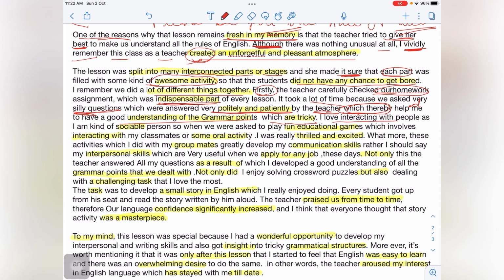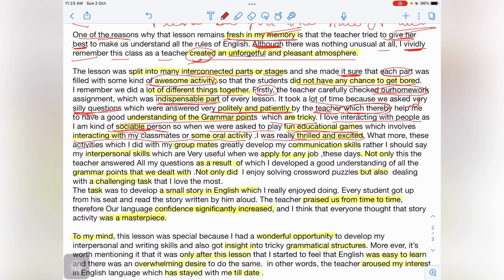I love interacting with people as I am a kind of a sociable person, means you love to be with people, you like talking to people. So, when we were asked to play fun educational games which involve interacting with my classmates or some oral activity, I was thrilled and excited.